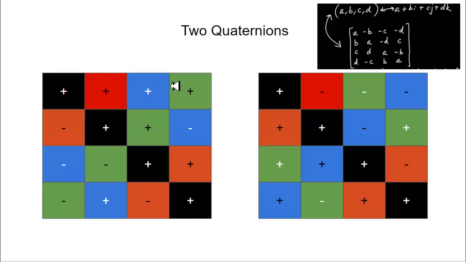If I switch the green and the blue in the upper right corner and the lower left corner, then I will have the complex conjugate of this, and the default rotation will be clockwise.